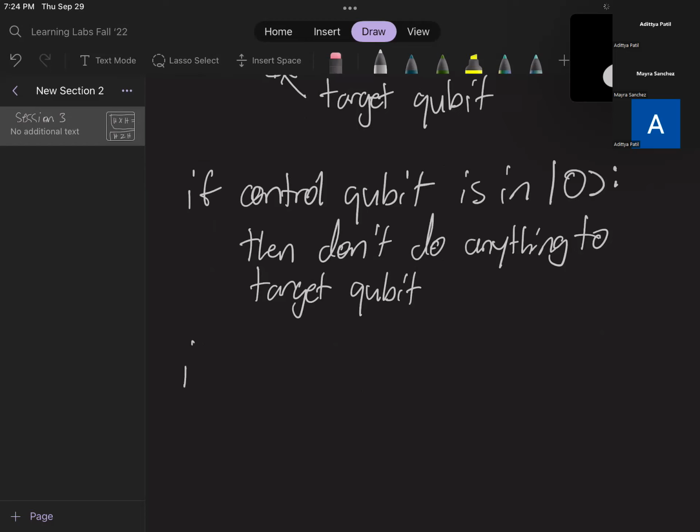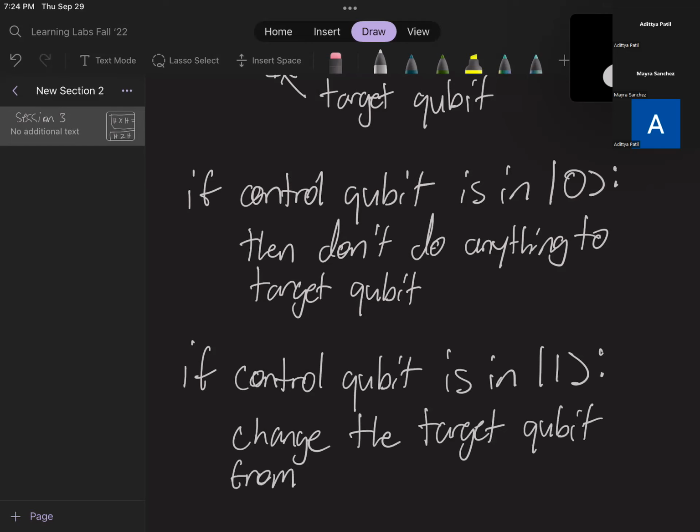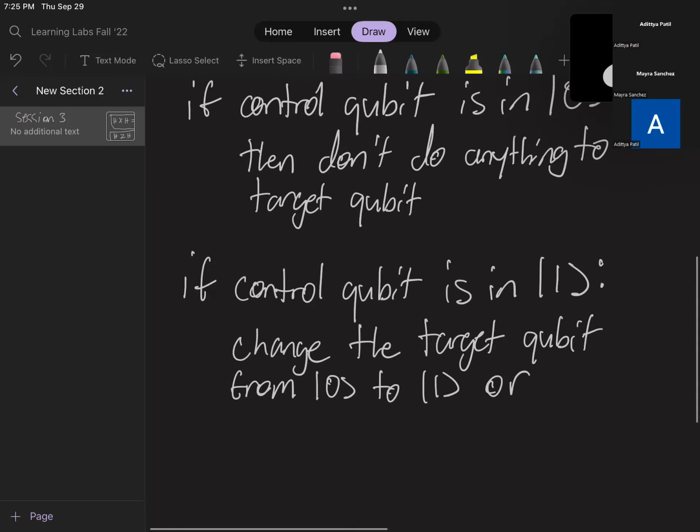If the control qubit is in the 1 state, then what we want to do is change the target qubit from the 0 state to the 1 state, or from the 1 state to the 0 state.